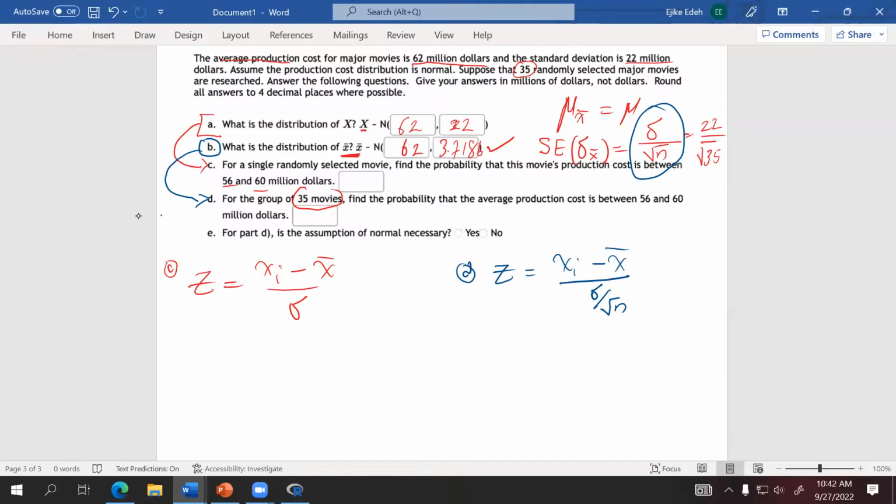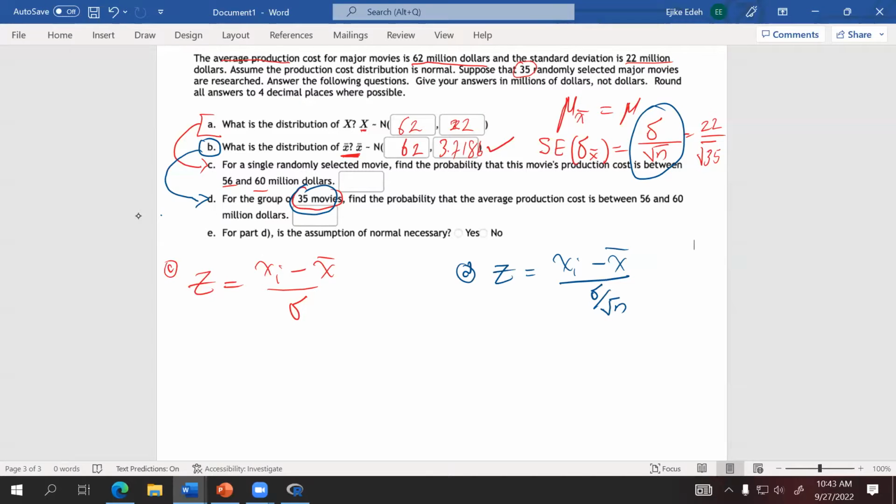Because you are dealing with 35 movies together. So if I say, what is the chance that if I pick an individual, the person has a particular score, talking about one individual, let's use height, for example. What is the chance that I pick an individual from this class whose height is above 5.3 feet? It's different from the question, what is the chance that if I select 5 people from this class, the average of their height is above 5.3 feet?